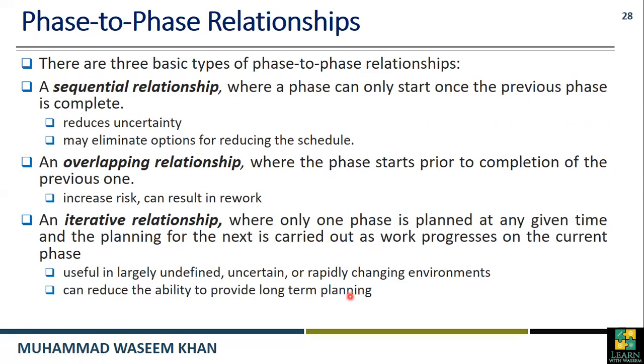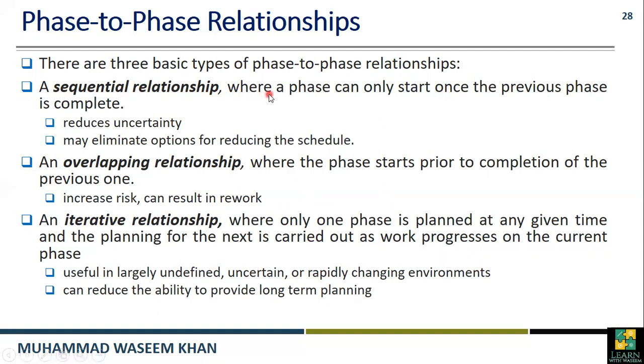So let's discuss the three basic types of phase-to-phase relationships. You have to understand this simple slide so that you can understand the relationships, or I would say the phases or the structure of organization. The first type is called the sequential relationship, and I have already discussed this one.